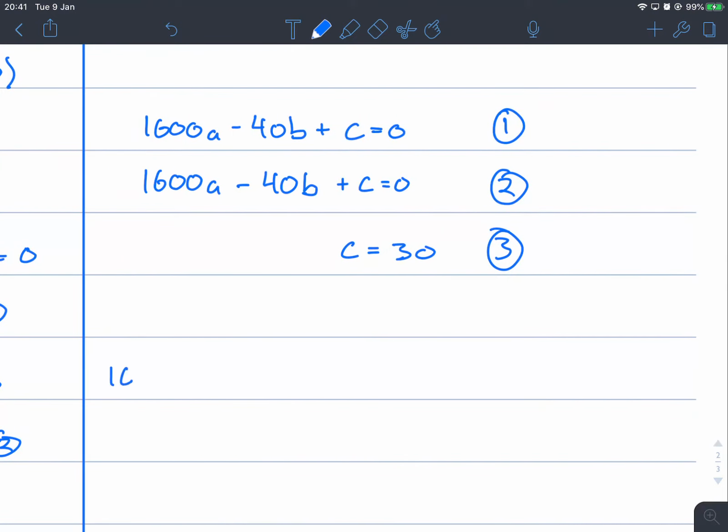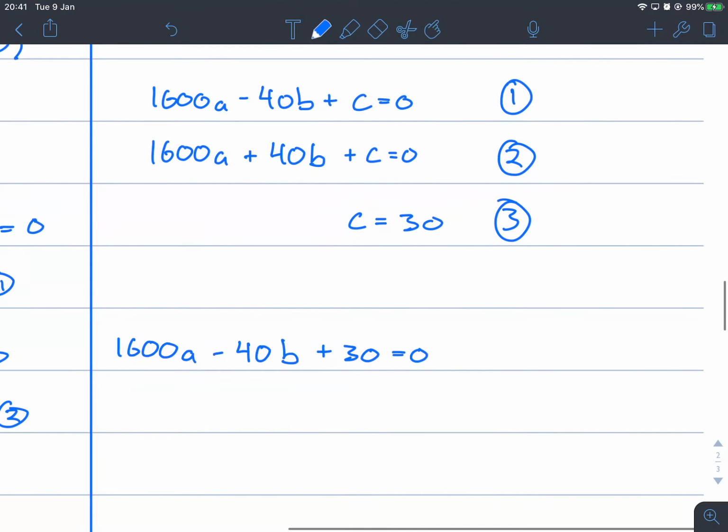We get 1600a plus, should be a plus, I'm sorry, there should be a plus. Here's my first equation substitution, 40b plus 30 is equal to 0. 1600a plus 40b plus 30 is equal to 0.